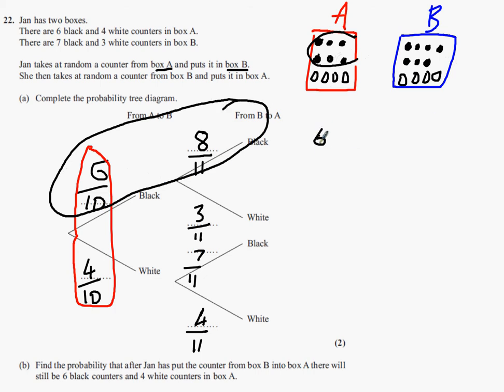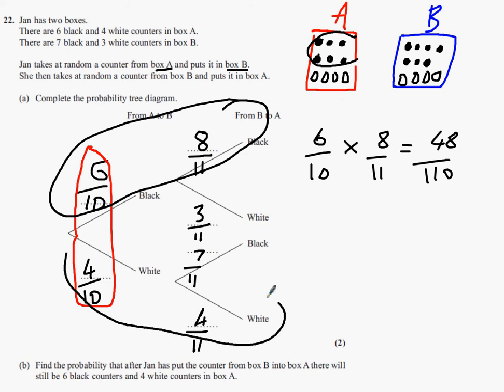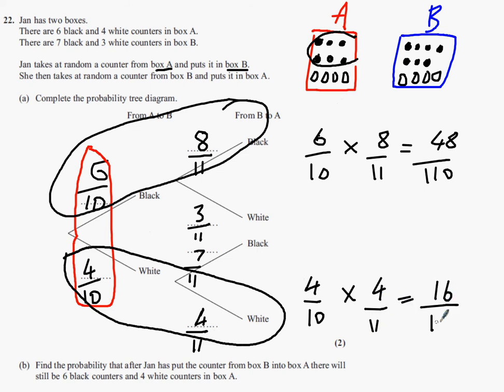And the probability of that is 6 over 10 times 8 over 11, which is 48 over 110. The other way that could have happened is if we'd taken a white out of A and put an extra white into box B, and then taken a white out of box B and put it back into box A. So that would be this scenario here, white followed by white, which is 4/10 times 4/11, which gives you 16 over 110.